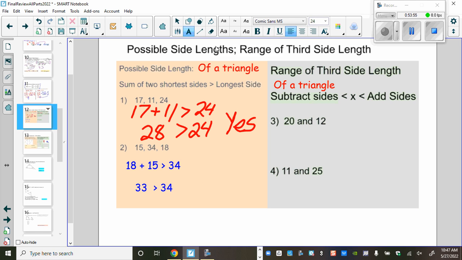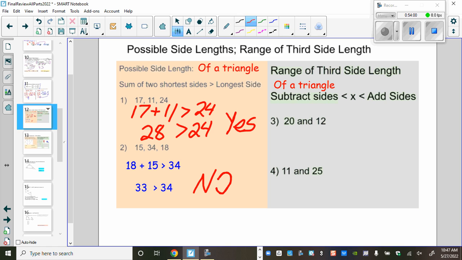That's a straight up no. Because you have to use the 15 and the 18. Add those two up. They're the two shorter sides. And when you add them up, 33 is smaller than 34. That's why, even though I have it this way, I'm just saying that's a no. That's not going to work. That's no good.